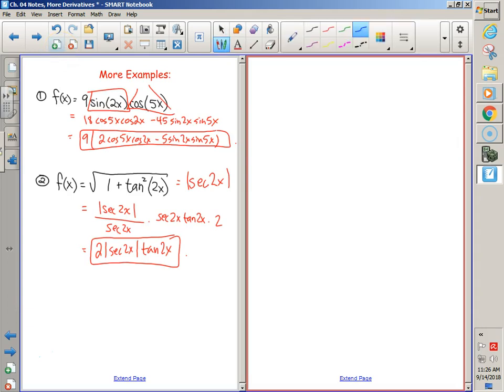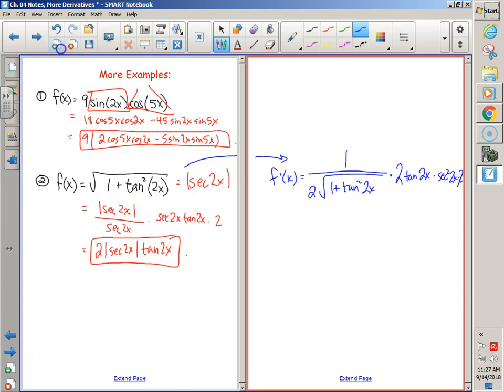What do you guys do? The boring way of an f of a g of an h of a j? So f prime of x is equal to 1/2 with a negative square root of 1 plus tangent squared of 2x times, you have to bring down a 2, so then you have 2 tangent of 2x times a secant squared of 2x times 2.